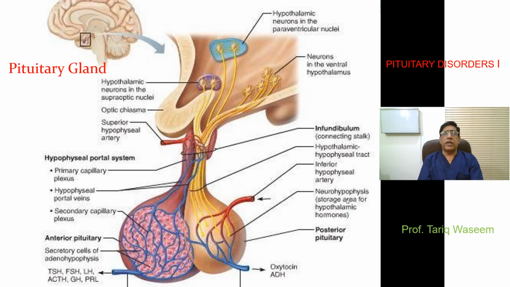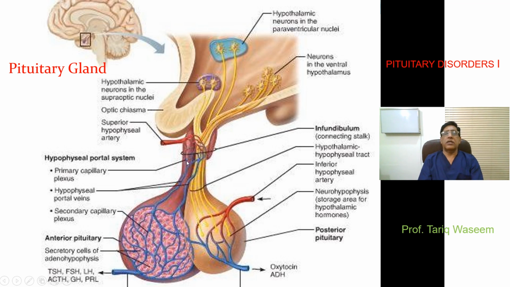Now this again is anatomy: you have the pituitary gland comprising an anterior portion, which is actually a gland, and a posterior portion, which is actually an extension of the nervous tissue from the hypothalamus. These two are fused together, but they function independently of each other.